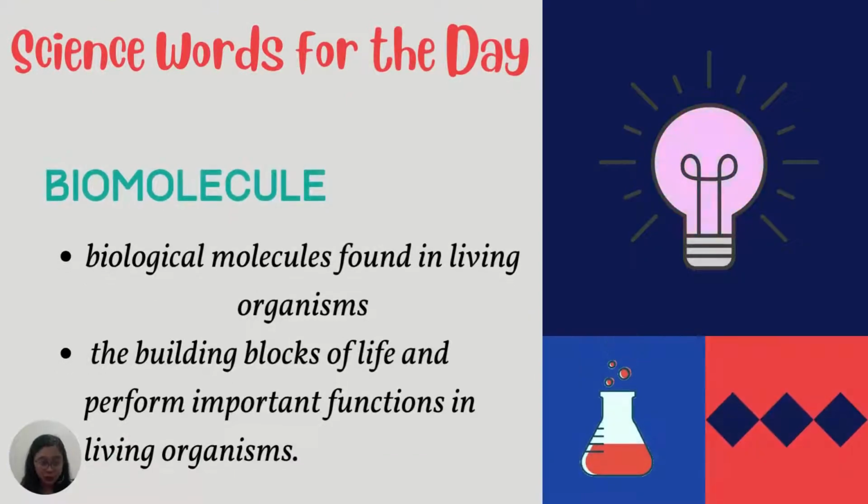A biomolecule is a chemical compound found in all living organisms. These chemicals, composed mainly of carbon, hydrogen, oxygen, nitrogen, sulfur, and phosphorus, are the building blocks of life and perform important functions in living organisms.